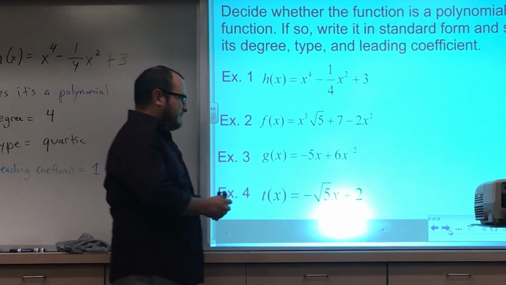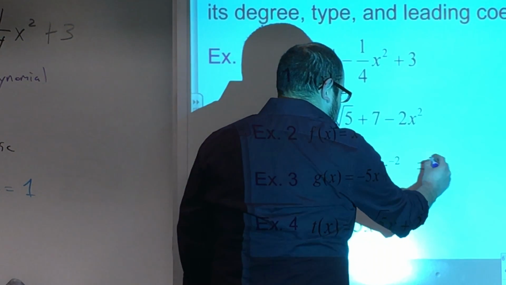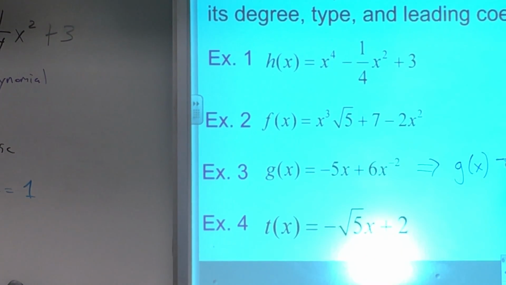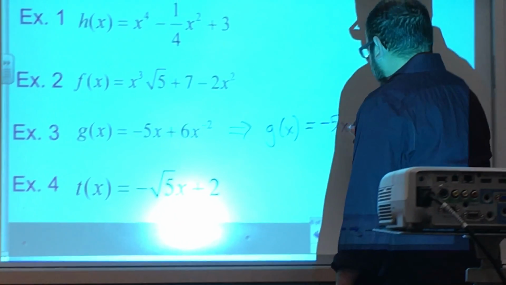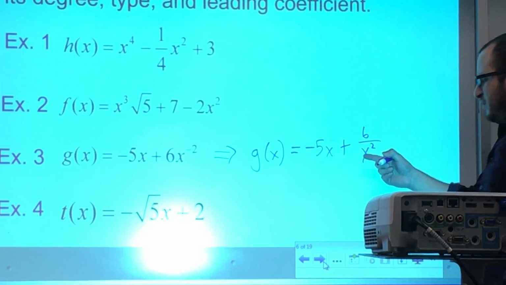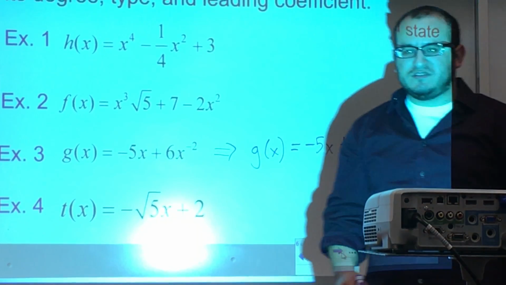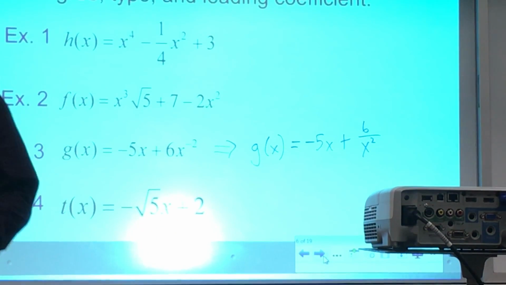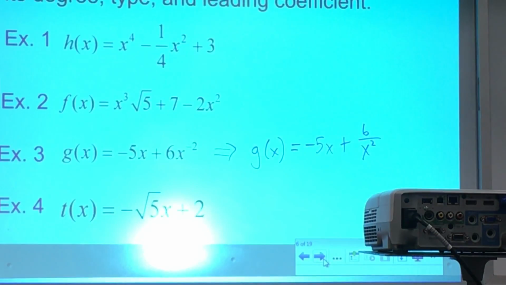Because if we were to rewrite this, this is the same thing as negative 5x plus 6 over x squared. We cannot have a division by x. Division by x has its own section. That's called rational functions, which we're going to see in the future.